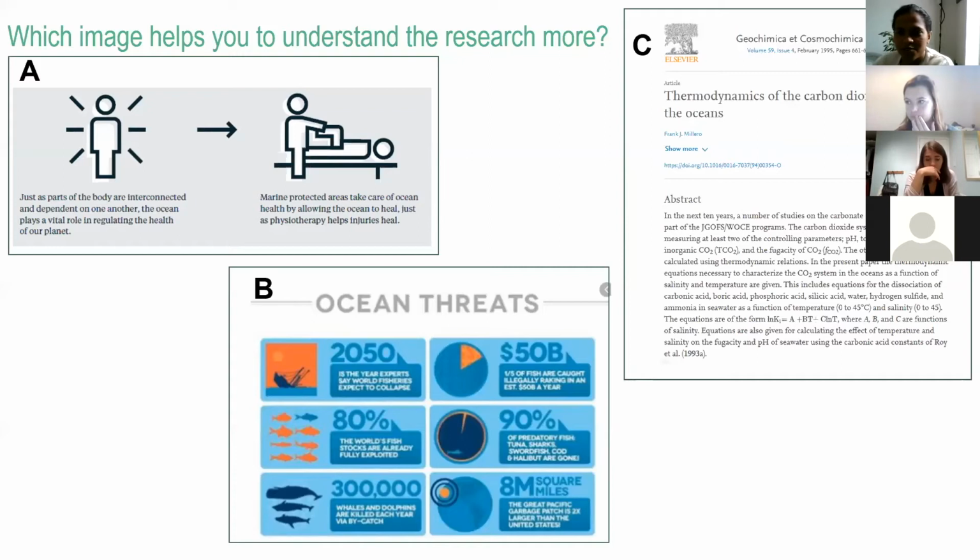And if the others could vote as well. Maybe it helps not to look at it for too long, but just to vote on what you think, you know, at a glance, really gets the message across to you.